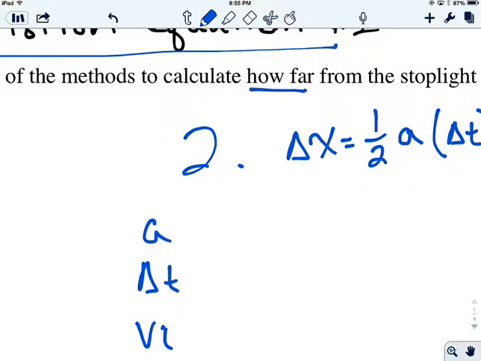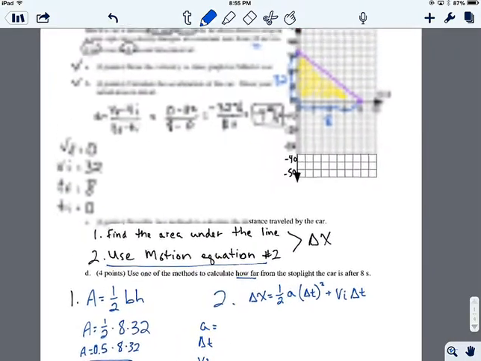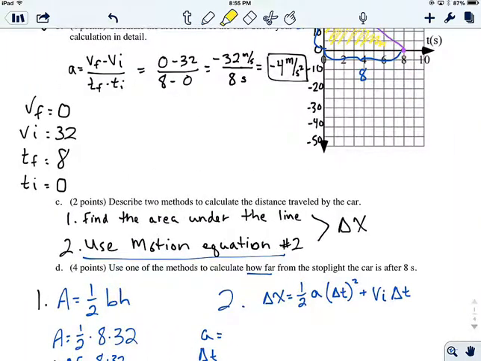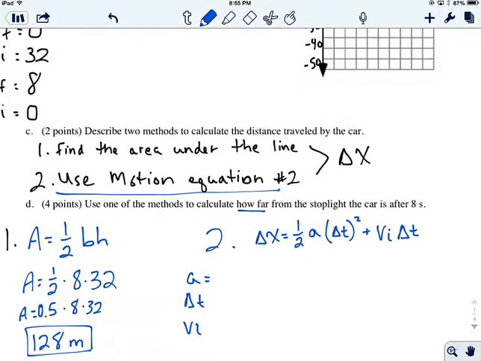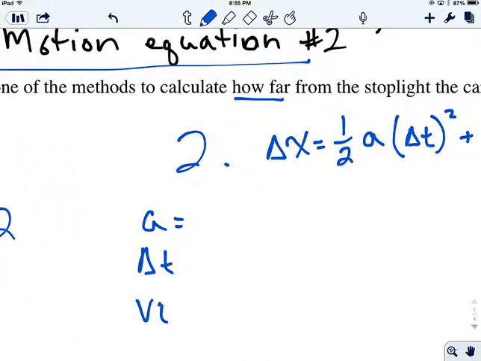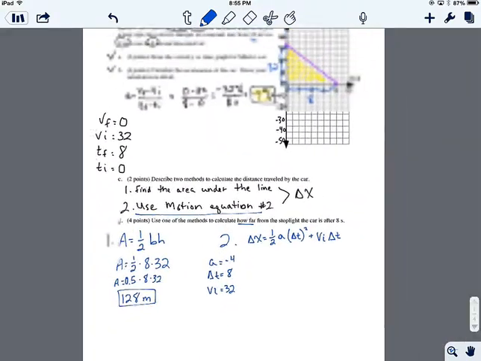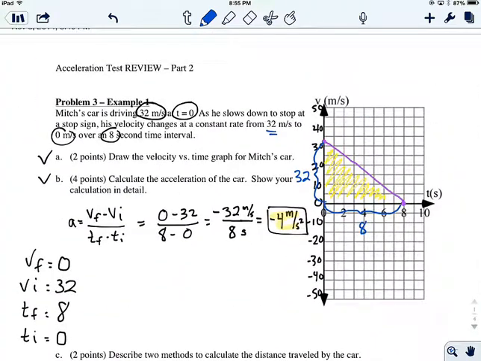Well, a, we saw that a was -4. And delta t is 8 seconds, and vi is 32, because if we go back and look at the very beginning, the initial velocity, oh, here we even have it written out, vi is 32.